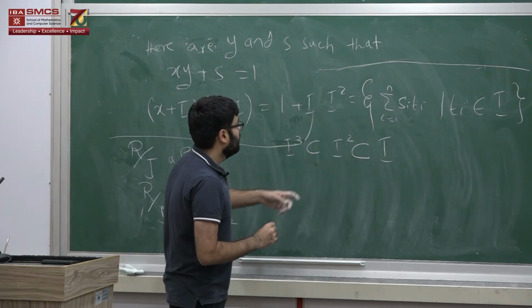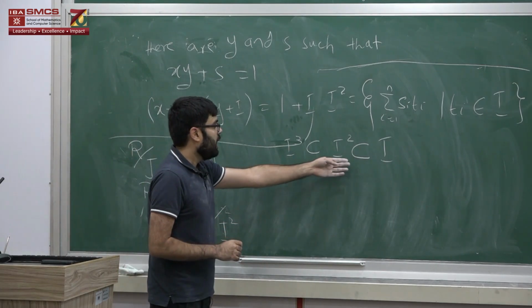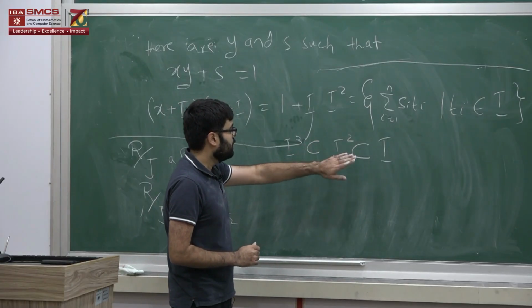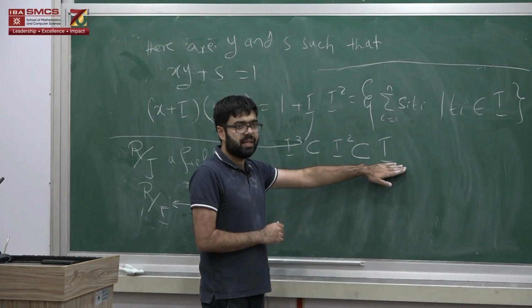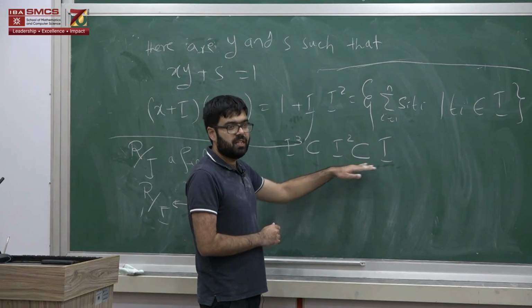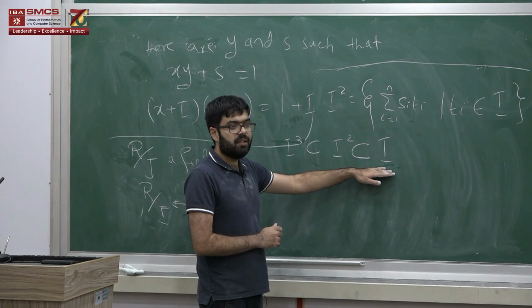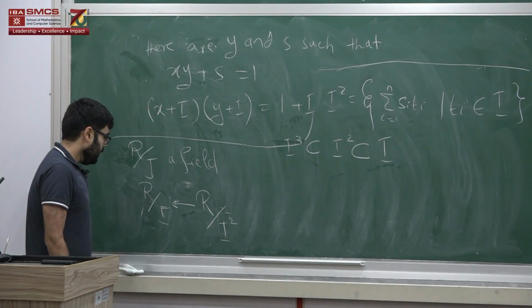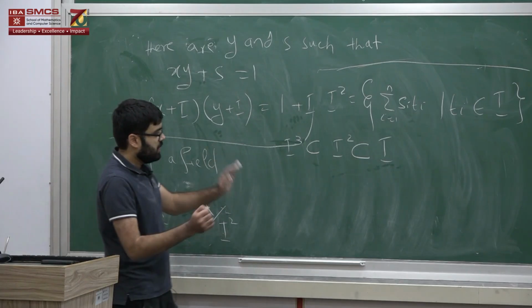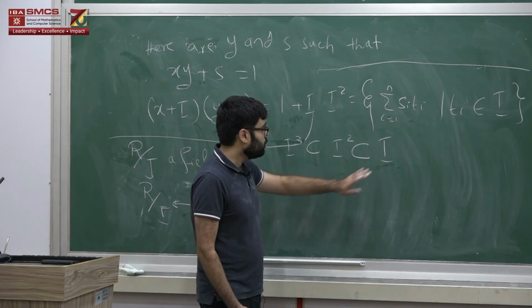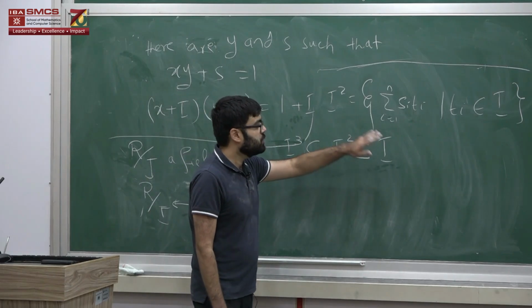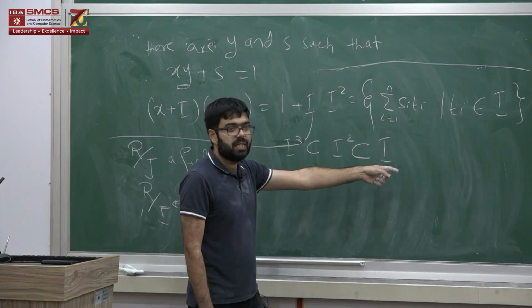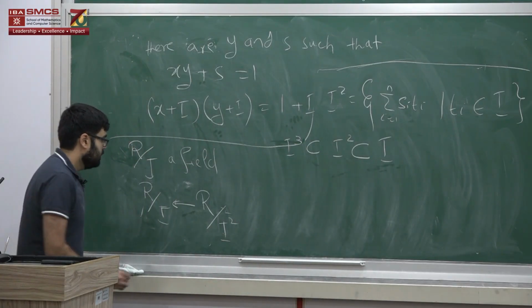So some elements of I, the elements of I that are not elements of I square will give me non-trivial elements. And the reduction map basically says get rid of all those. So reduction map just says, okay, go through the identification we did when we defined the ideal.